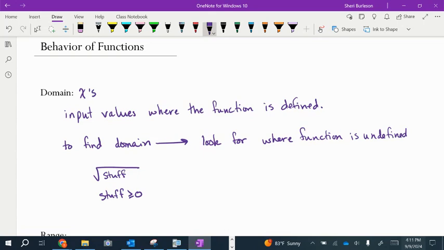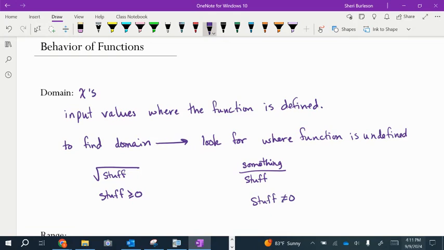The other place where we tend to find undefined values is when we have fractions. Anything on the top, we do not want 0 over 0. But whatever the stuff is in the denominator, that cannot equal 0. We cannot divide by 0.